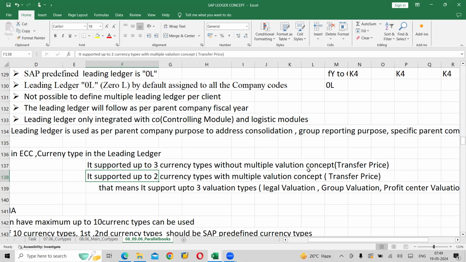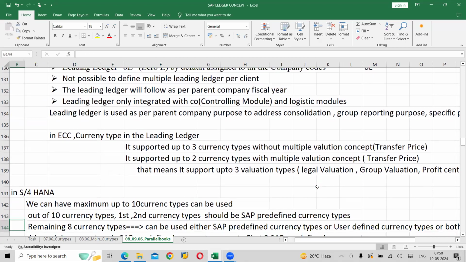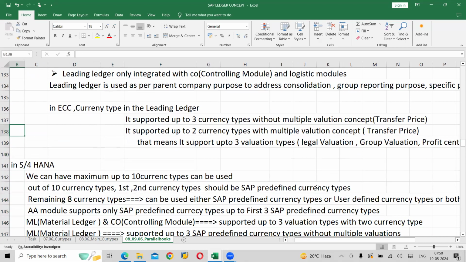If you are using only a single valuation, either legal, group, or profit center valuation, then it will support 3 currency types. What do you mean by multiple valuation? That is nothing but transfer price, which consists of group valuation, legal valuation, and profit center valuation. Any questions? No.